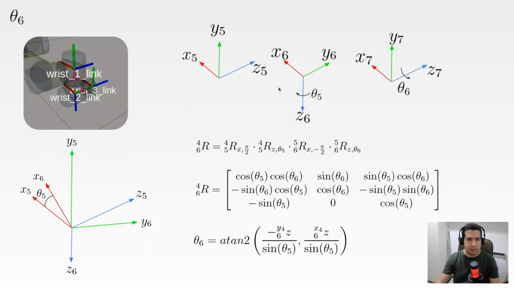So theta 6, you just treat this problem as spherical transformations between the frames of the wrist. So for example, I just draw some frames here.